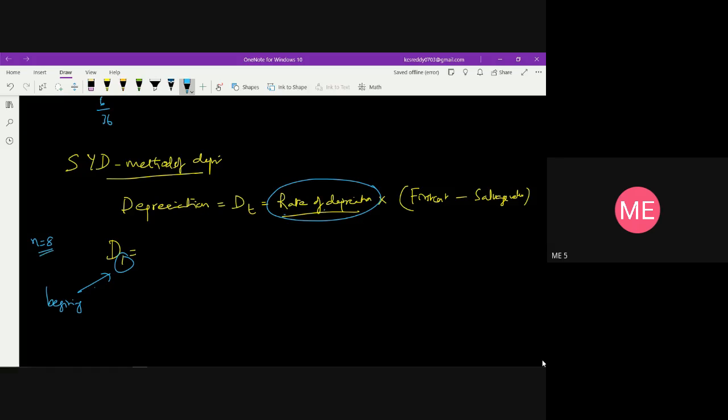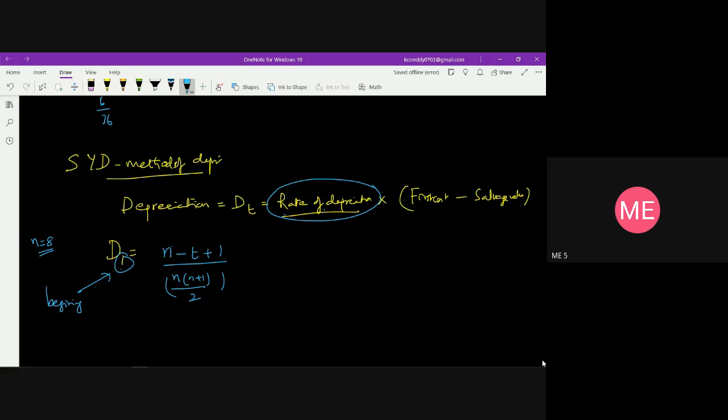In the sense it should be taken as 8 here. So that is why we have the equation which will give the maximum: (n minus t plus 1) divided by n into (n plus 1) by 2. This is the sum.